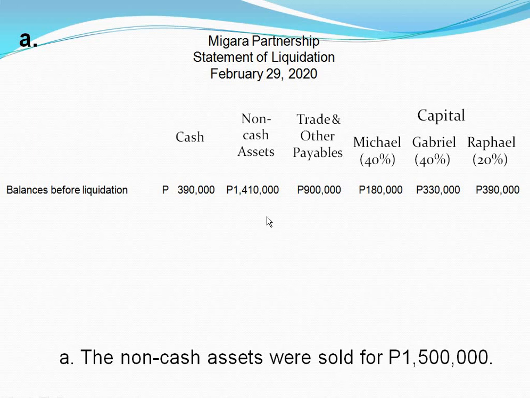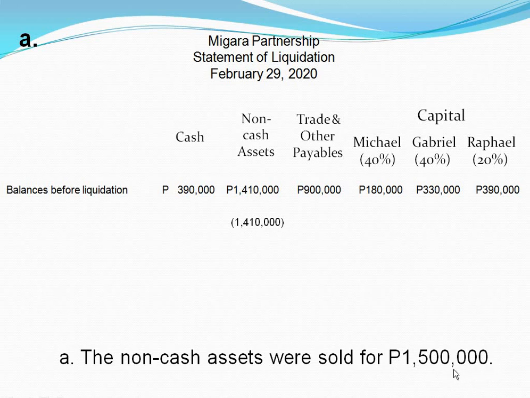To emphasize decrease, open close parenthesis, 1,410,000. How much was the cash proceeds from the sale of the non-cash assets? Here, 1,500,000. The non-cash assets were sold for 1,500,000.